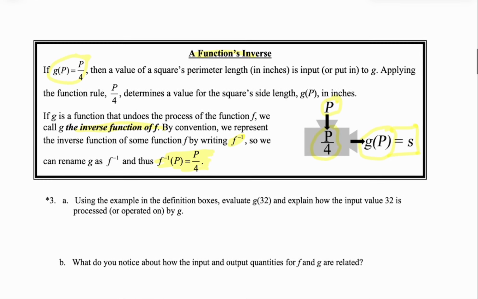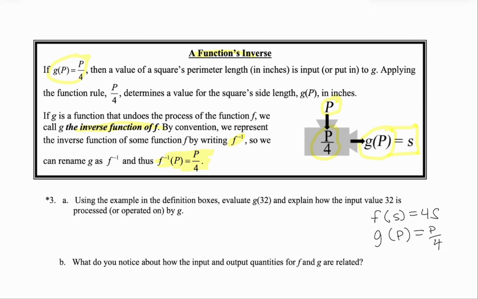Okay, so let's write down here what we know. f of our side length is 4s. g of our perimeter is our perimeter divided by 4, and that will be a side length.